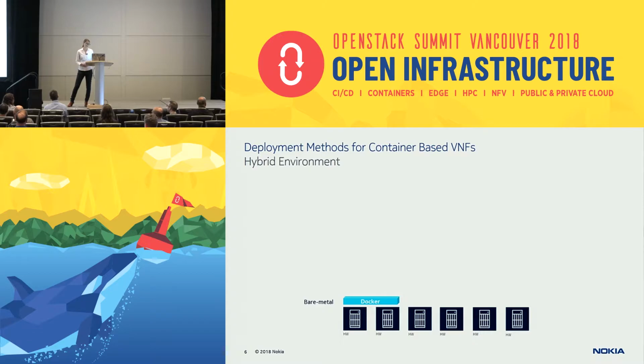In that case, they will install the container engine, for example Docker, directly onto the host, onto the hardware. They will install Kubernetes on top, which is the orchestrator. And just like we discussed, the VNFs are decomposed into microservices, which can be deployed into containers and run directly on these hosts. So in this case, there is no hypervisor. They are running directly on the hosts.